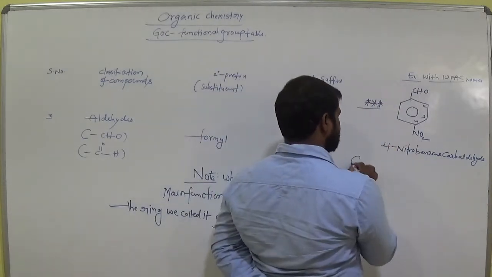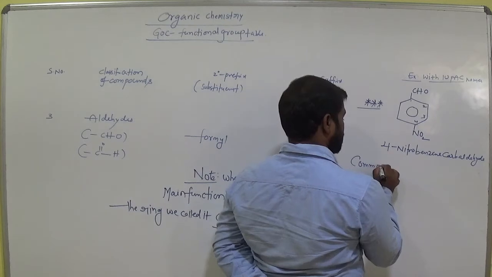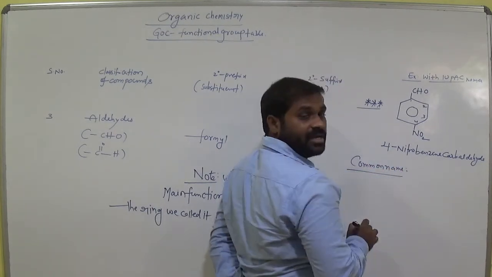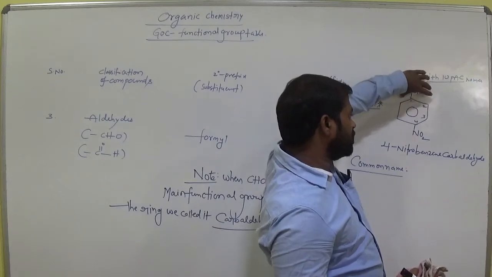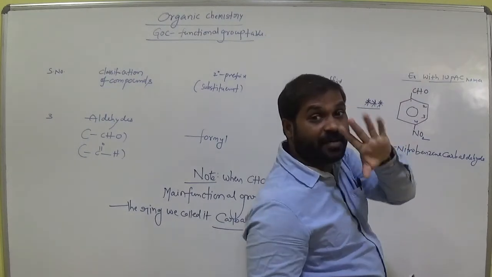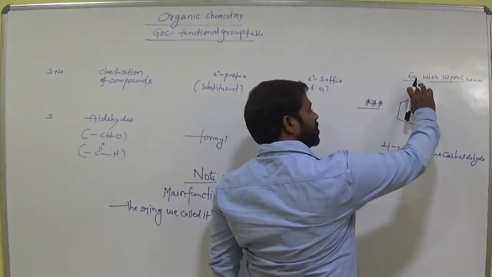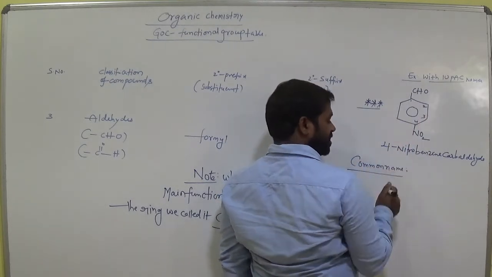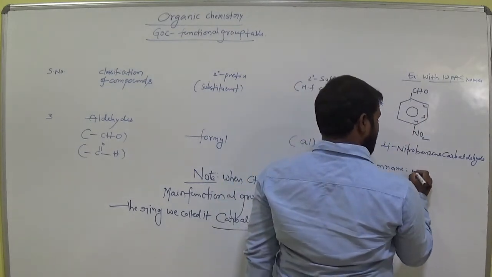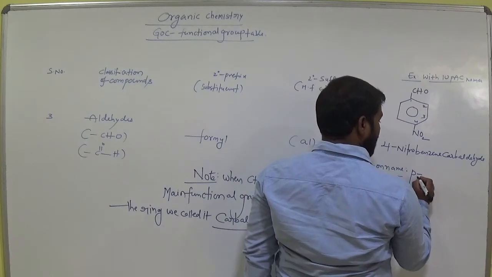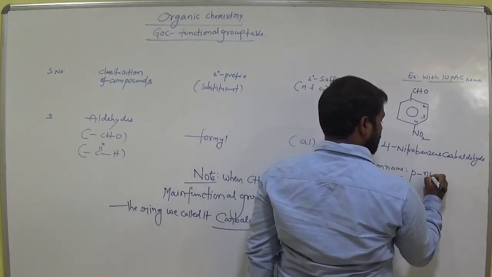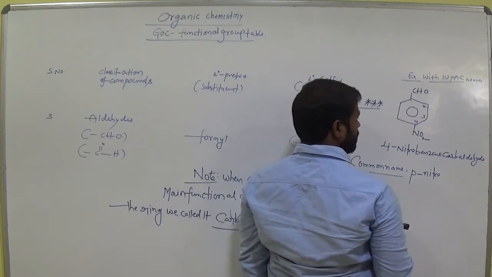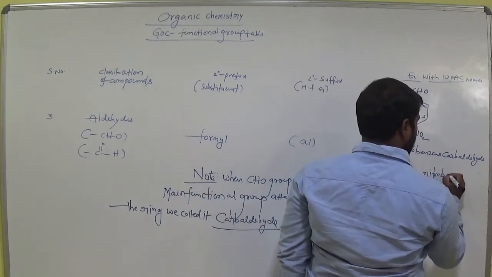Its common name is: this is the main functional group, and the exact opposite position is called the para position. P means para, NO2 means nitro, so para-nitro benzaldehyde.